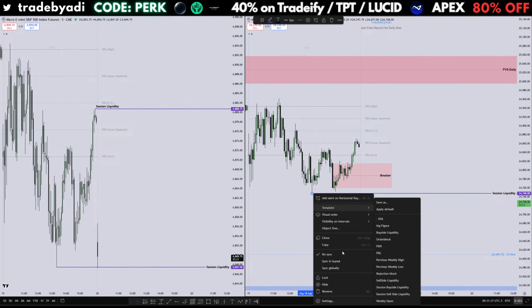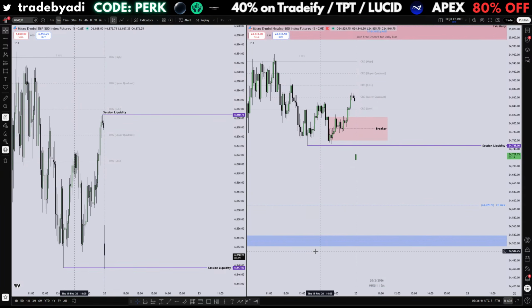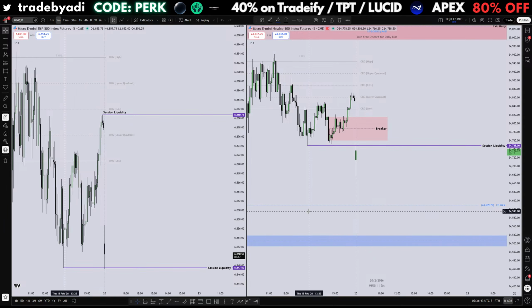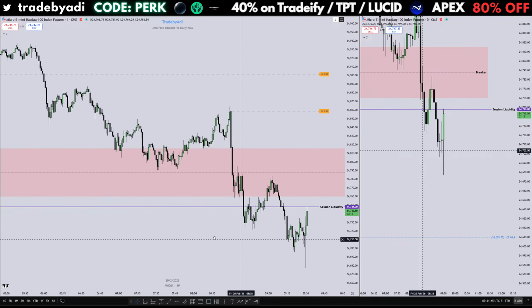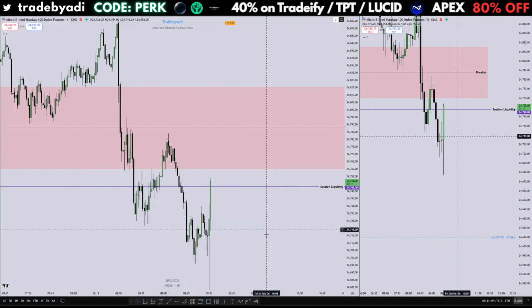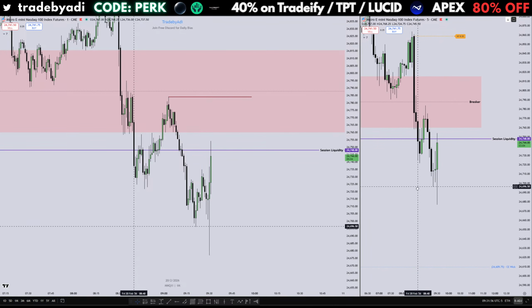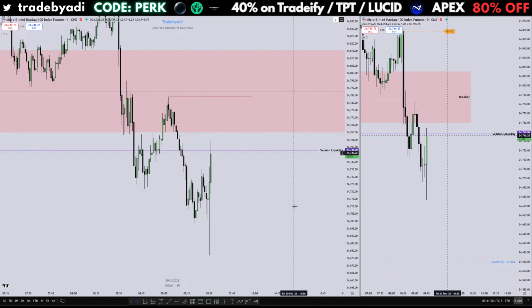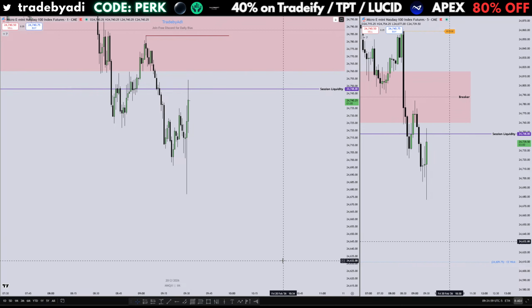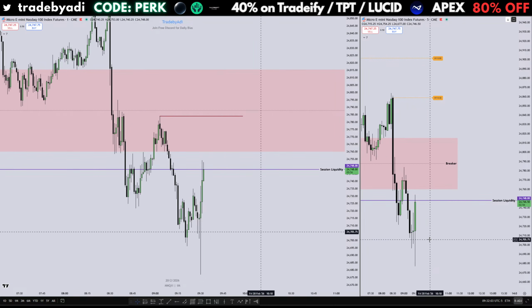Inside this breaker, if we have a stop run till this high, and if we get some kind of reaction to the continuation to the downside, it will be interesting.